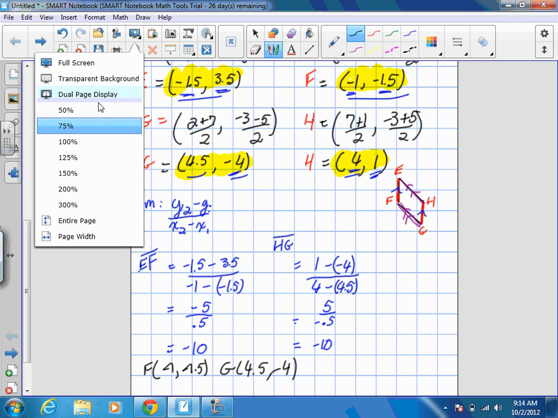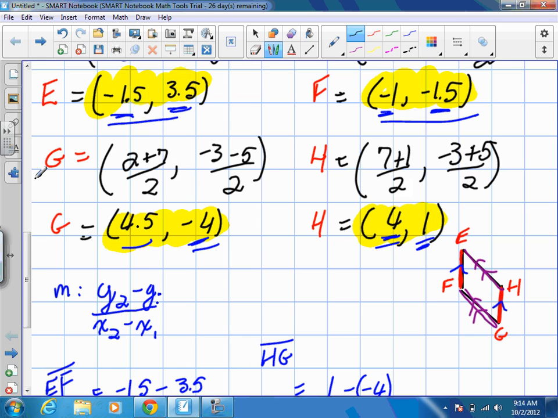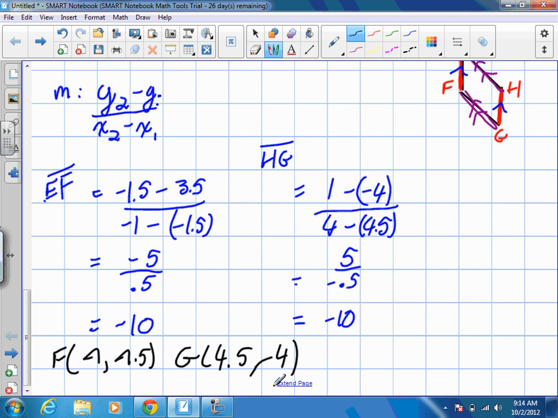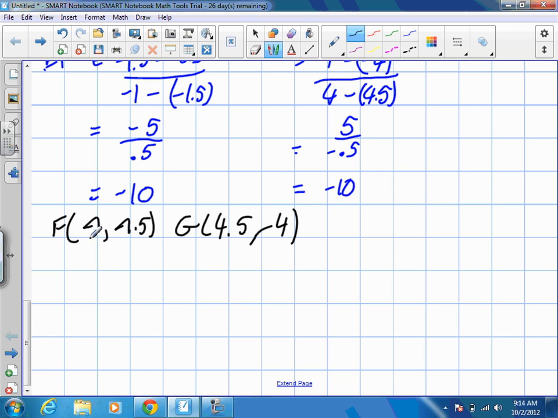Those are negative 1, negative 1.5. I don't know why it's still doing that. Okay, finding the slope. We'll take our y2, which is negative 4, and subtract y1, which is negative 1.5, divided by x2, which is 4.5, subtract x1, which is negative 1.